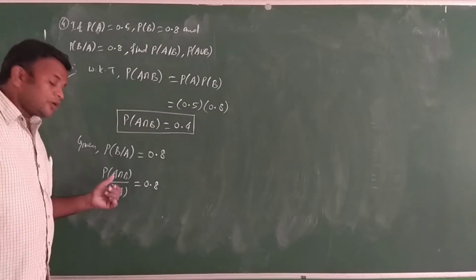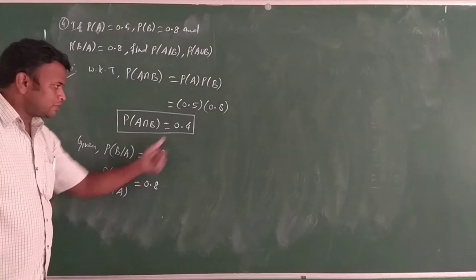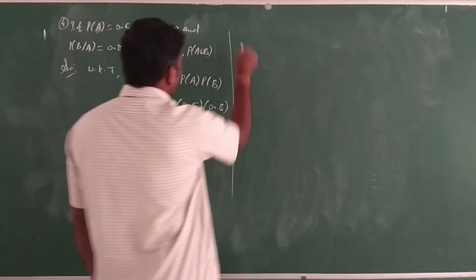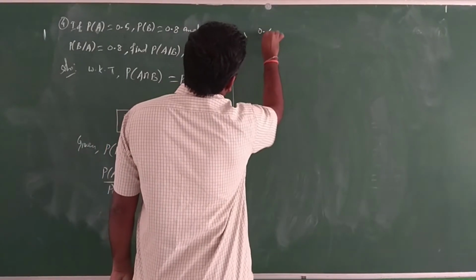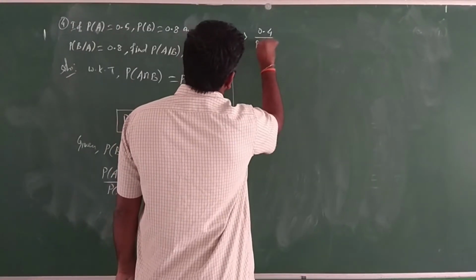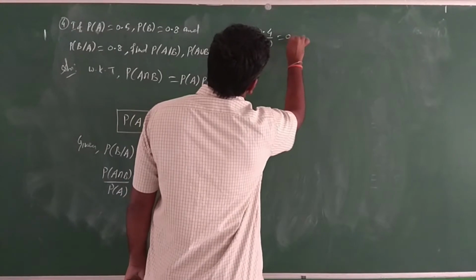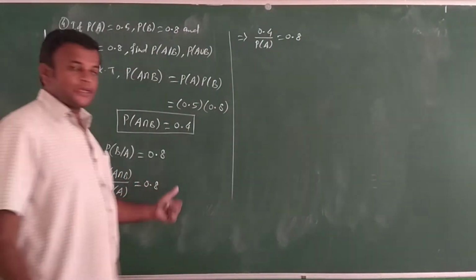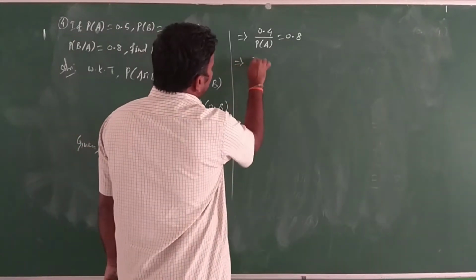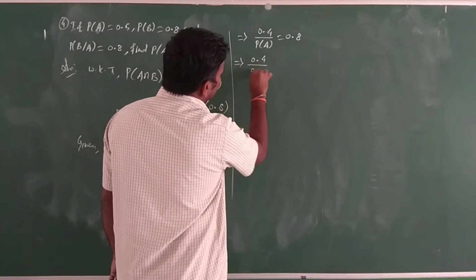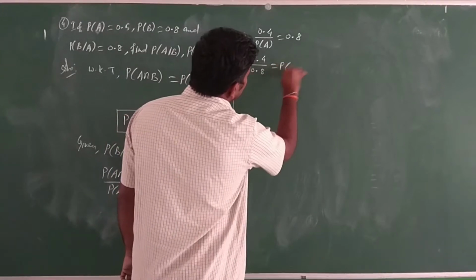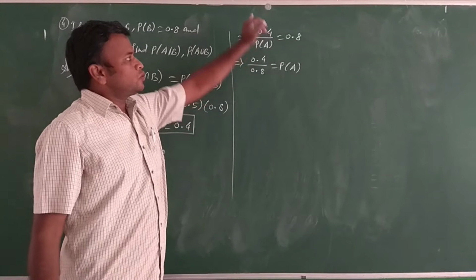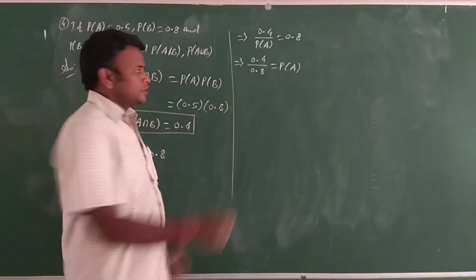Now we substitute the known values. P of A intersection B is 0.4, so 0.4 by P of A is equal to 0.8. So 0.4 by 0.8 is equal to P of A. P of A value is 0.4 by 0.8.